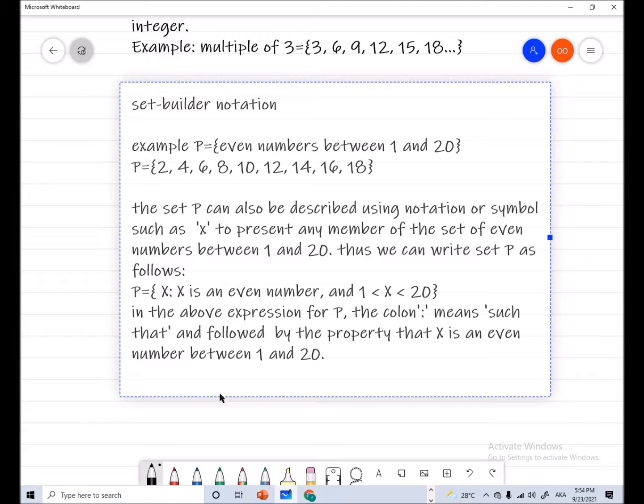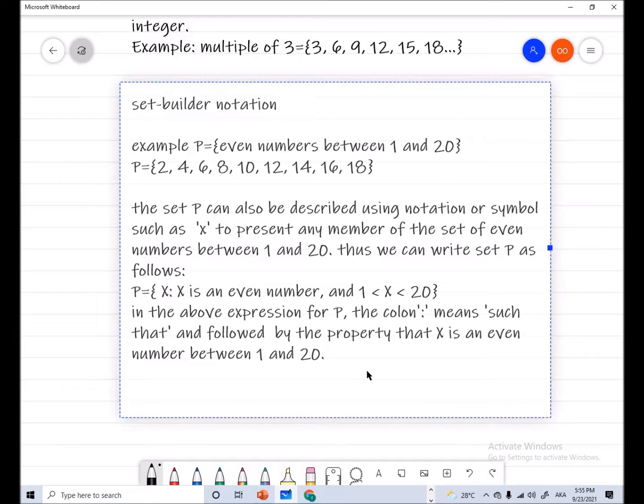Don't list the numbers, but write it in set builder notation. Write it in this way. So let's see another example, example 2.